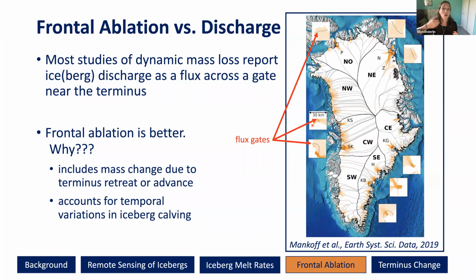And that means that discharge coming through that flux gate isn't actually making its way out into the ocean. It's being trapped by the ice melange that normally forms in front of the terminus. And then it's suddenly released really rapidly in the spring. So our discharge should not just vary with our velocity throughout the year. It is due to this frontal ablation as well. We have to account for that.